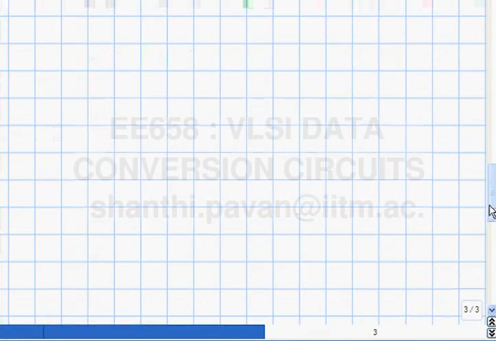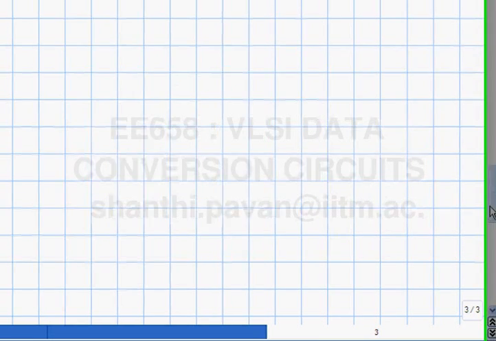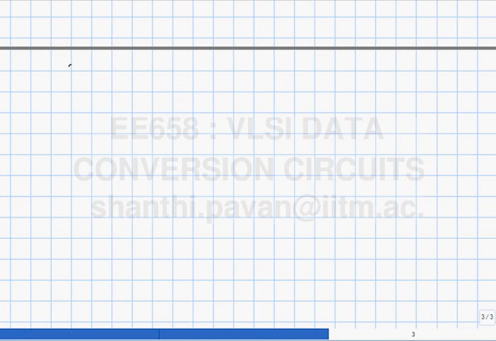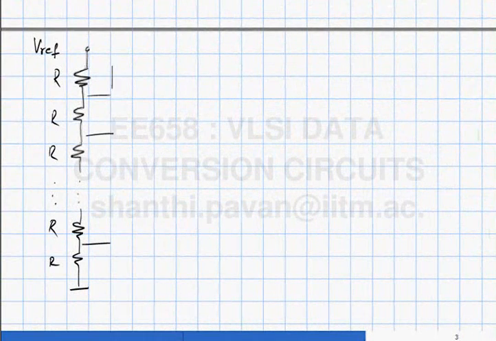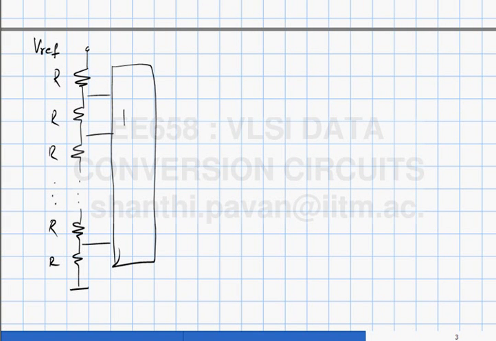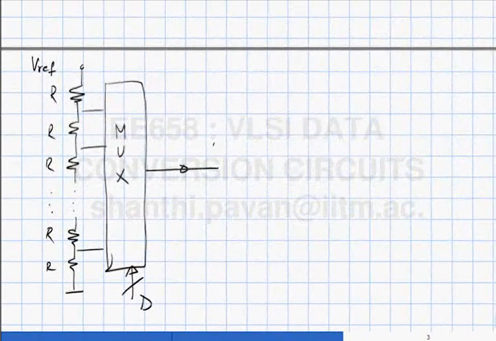Alright, so let's look at the various ways you can conceive of doing a DAC. One is what we've already seen. This is a mux, this is the digital control, this is the analog out.